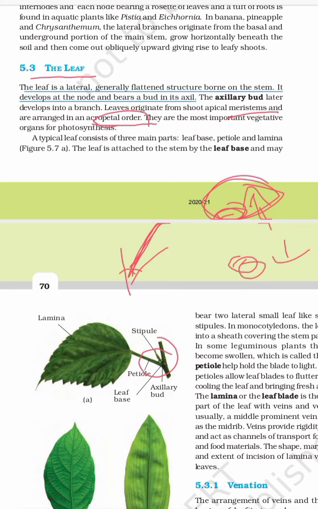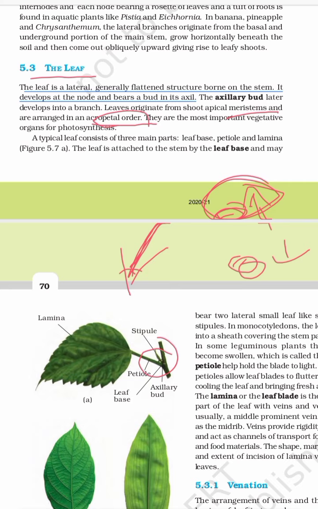They are the most important vegetative organ for photosynthesis. Why? As we have learned in our previous lecture, there are two types of organs, vegetative and reproductive. Reproductive organs take part in reproduction, whereas vegetative organs do not take part in reproduction.